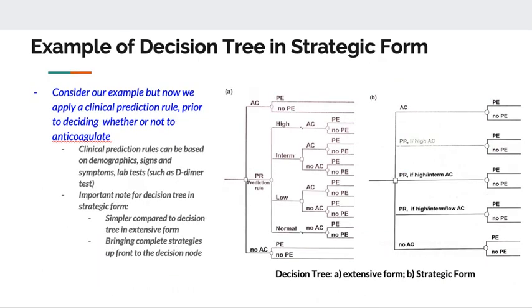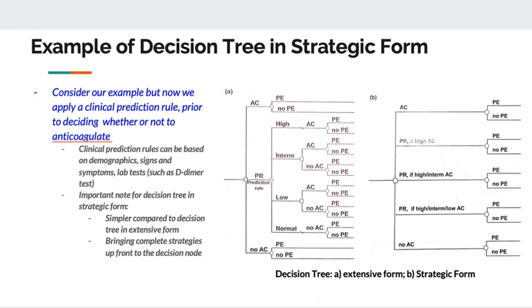To illustrate the difference between the extensive and strategic form of a decision tree, let's consider the first case example of the young pregnant woman. So here we assume that we can also use a clinical prediction rule prior to deciding whether or not to use anticoagulation.